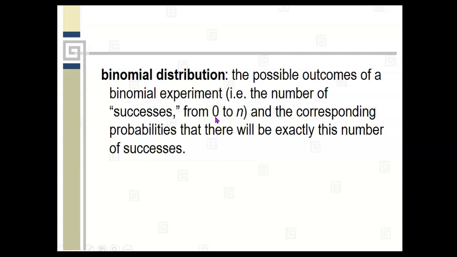The number of friends who like broccoli could be anywhere from 0 to how many you invite over. The number of hits the baseball player gets could be anywhere from 0 up to the number of times he's up to bat. So we have that list of possible numbers of successes together with the corresponding probabilities that there will be exactly this number of successes.